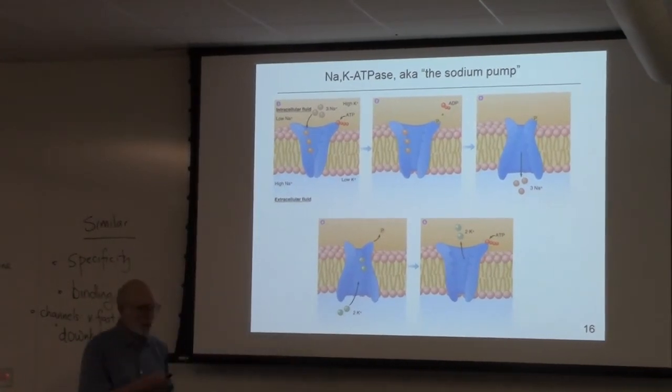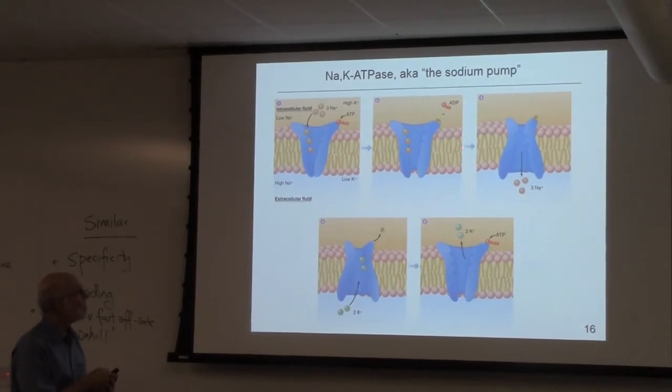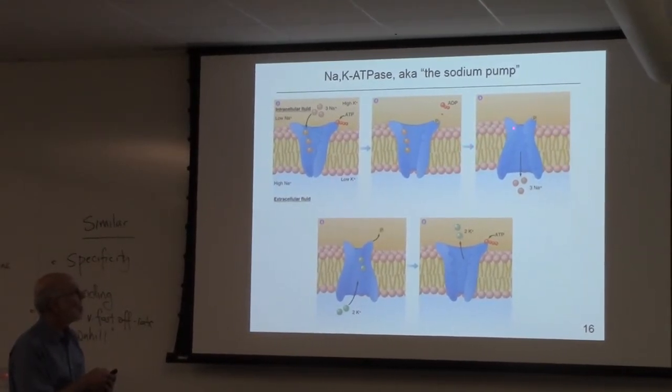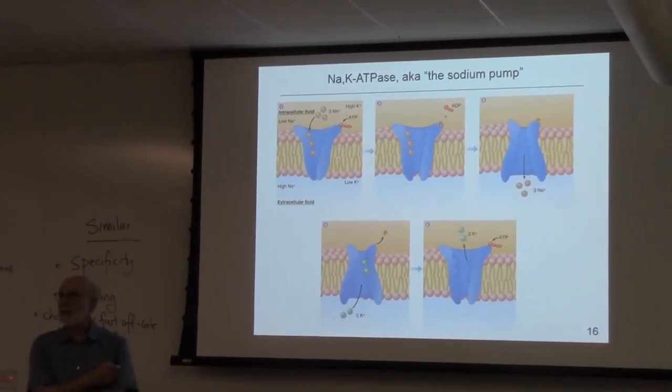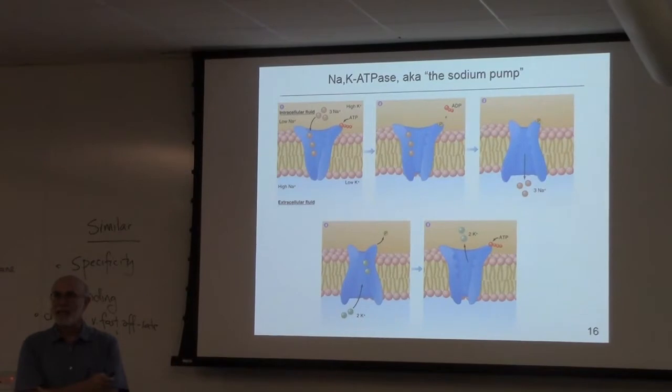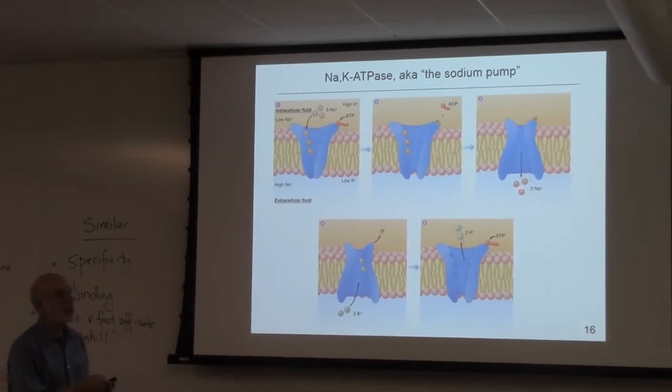So what happened? This conformational change made the sodium ions less likely to be bound. Something happened to those binding sites that lowered the affinity of those sites for sodium. So they didn't want to stay bound, so they unbound, right?